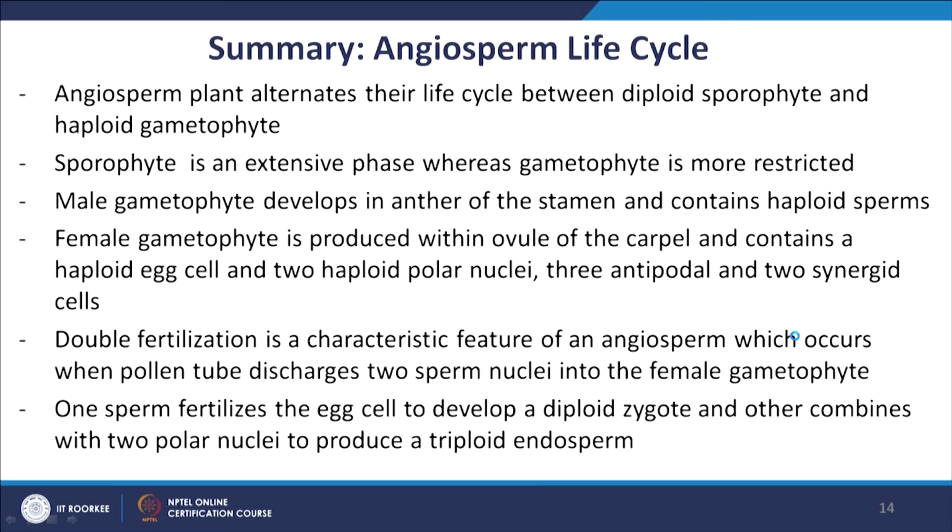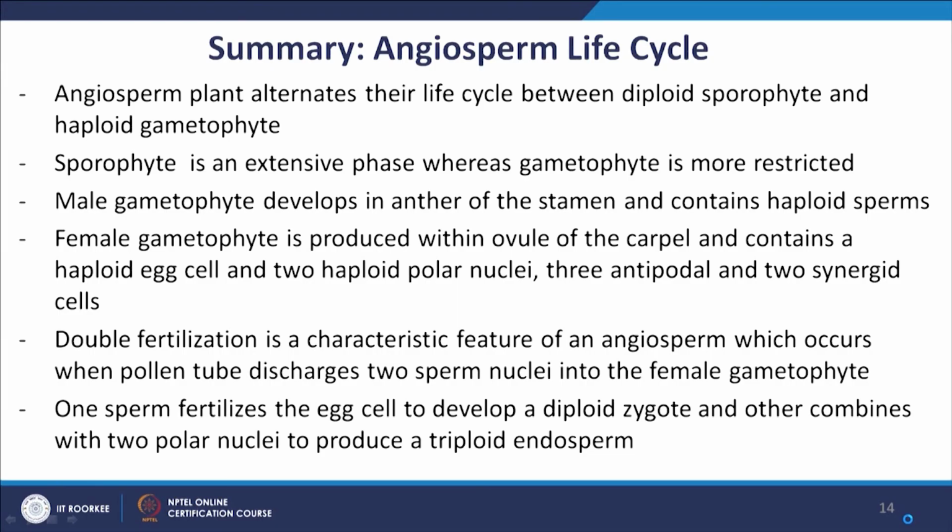So, it is evident that angiosperm plants alternate their life cycle between diploid sporophyte and haploid gametophyte. The sporophyte is an extensive phase, whereas the gametophyte is more restricted. The male gametophyte develops in the anther of the stamens and contains haploid sperm. The female gametophyte is produced within the ovules of the carpel and contains a haploid egg cell, 2 haploid polar nuclei, 3 antipodal and 2 synergid cells.